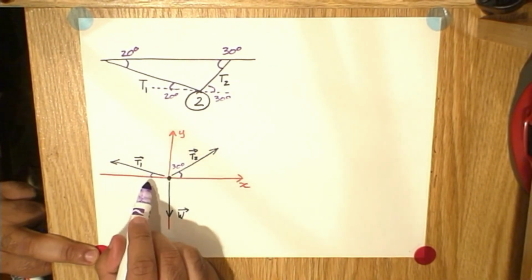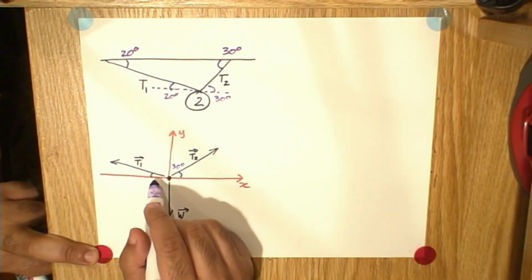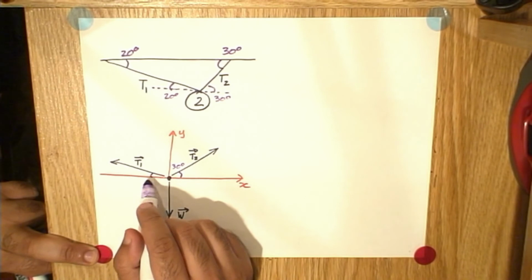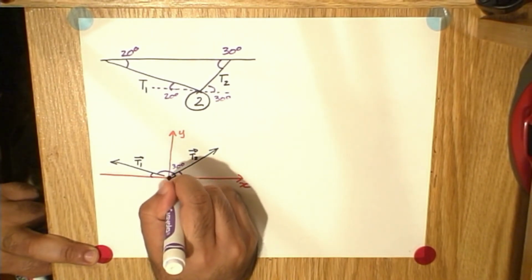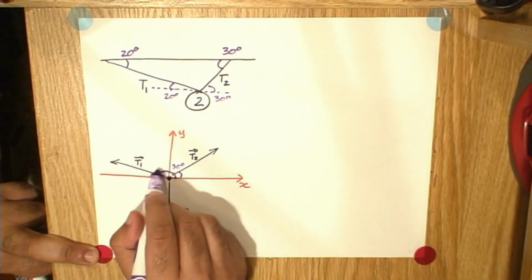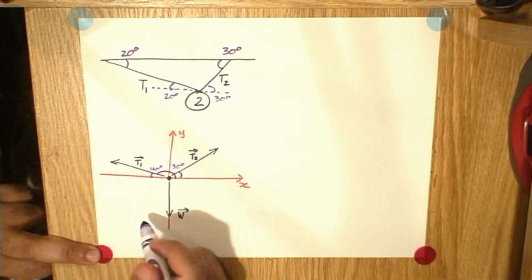This tension over here is oriented at 20 degrees, but we have to be careful. It's 20 degrees above the negative x-axis, which means that its real orientation is 160 degrees. That's 180 minus that.